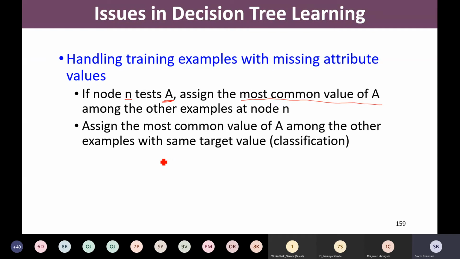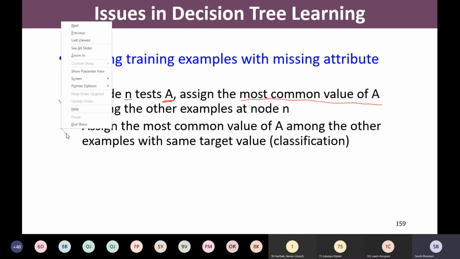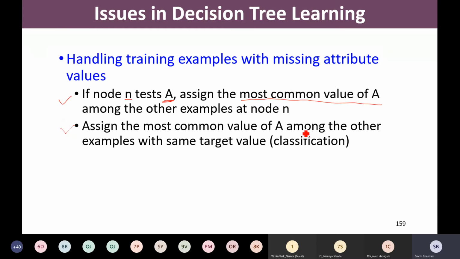So whichever is the most common value of A, that value is replaced at that null value for that particular example. This is approach 1, most common value. Another way to handle such kinds of missing values is that we assign the most common value of A among the other examples with the same target value.